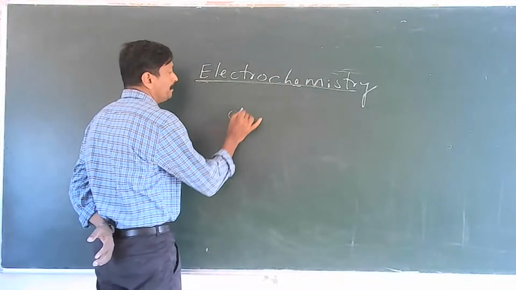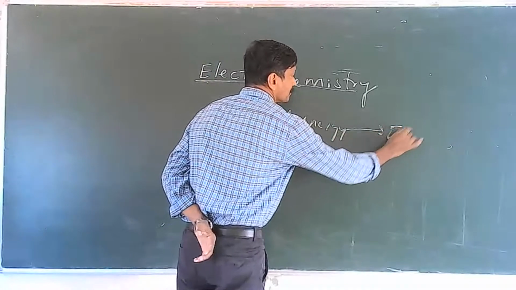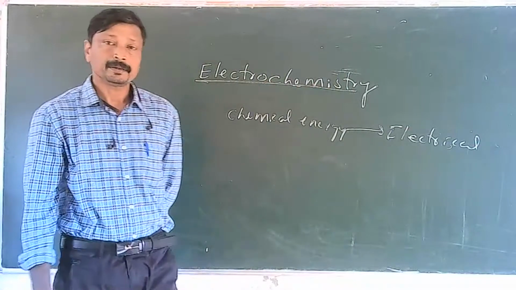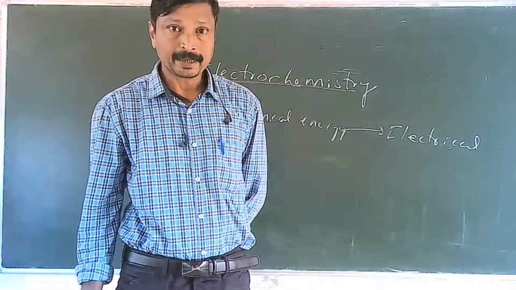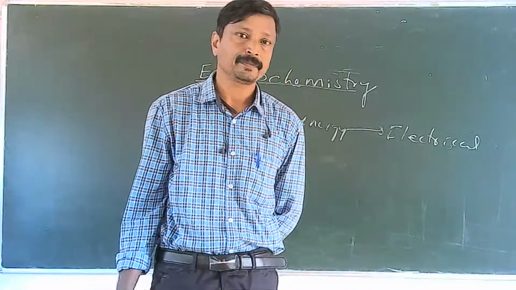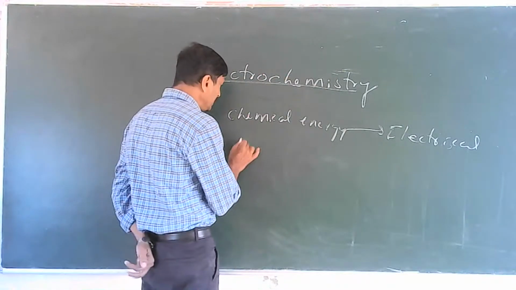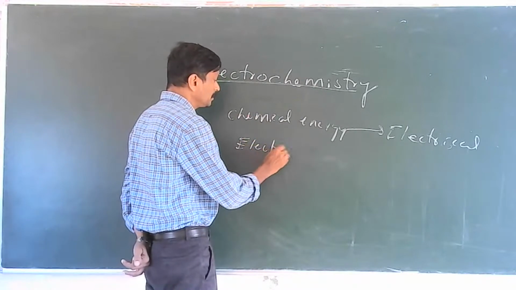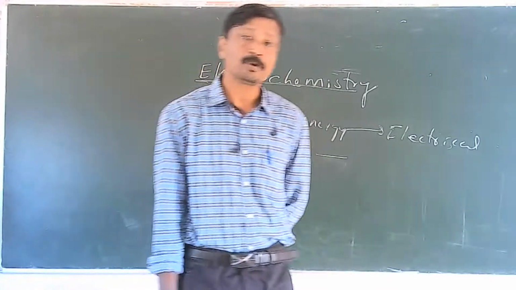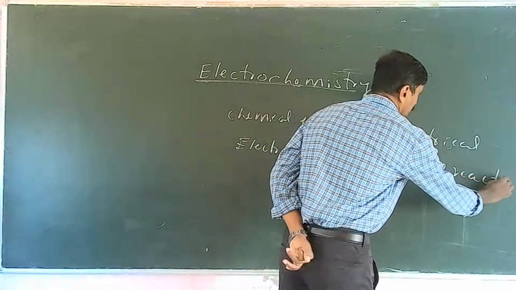One is the conversion of chemical energy into electrical energy: the production of electrical energy using energy released in a spontaneous reaction. And one more thing is using electrical energy to bring about a non-spontaneous chemical reaction.